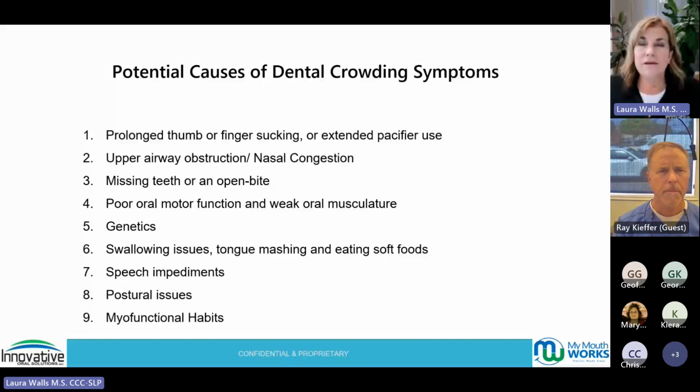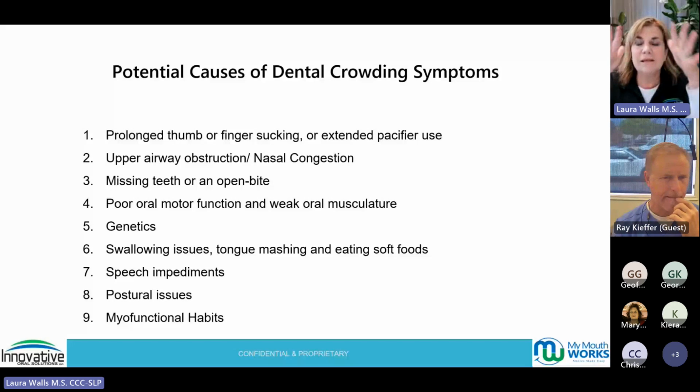I just want you to know there's so many possibilities or potential causes for dental crowding. And I think there's so many schools of thought as to why it happens. But basically, the prolonged thumb or finger sucking or extended pacifier use, we know that typically that suckling pattern collapses the arches.